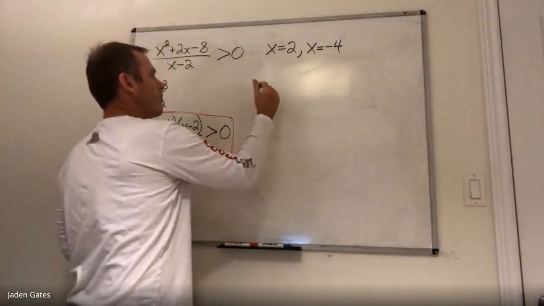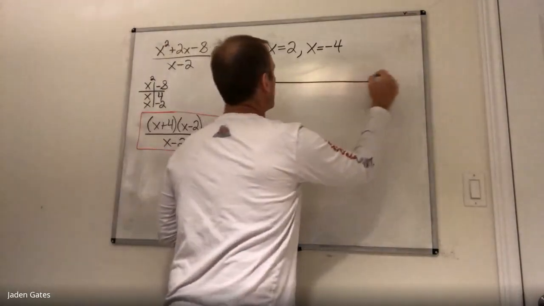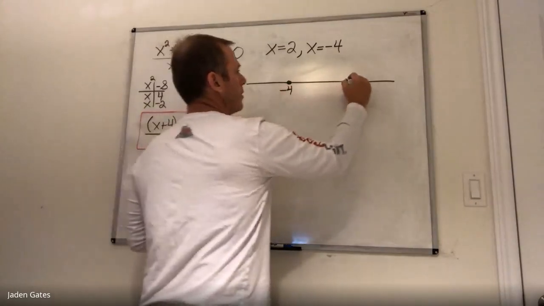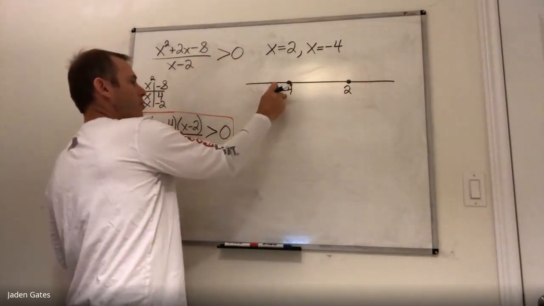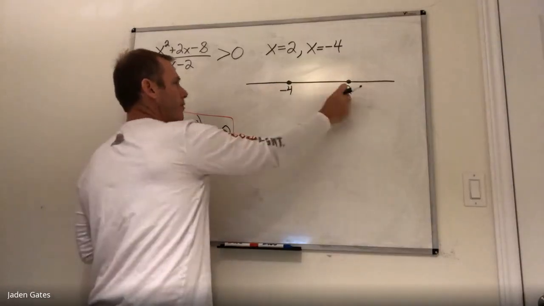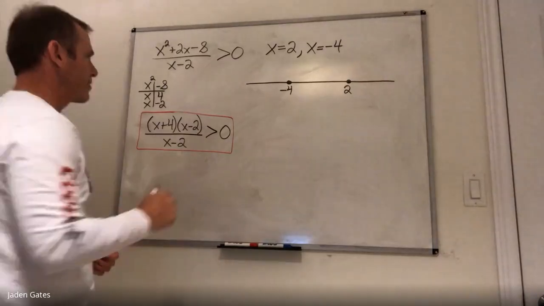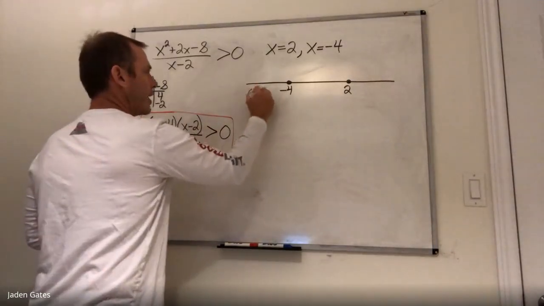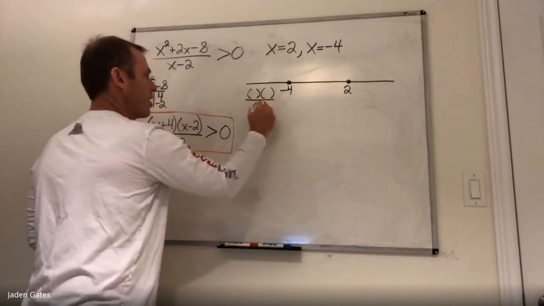So again, I'm going to do my number line. All right, so we got our negative 4 right here, and we got our 2 right here. So our function equals 0 here, and a vertical asymptote there. I'm going to test it out to see what we got. When I test it out, I get 2 pieces on the top and a piece on the bottom.